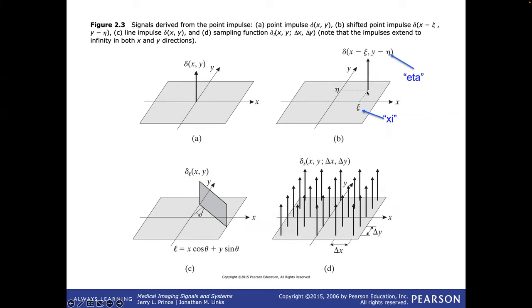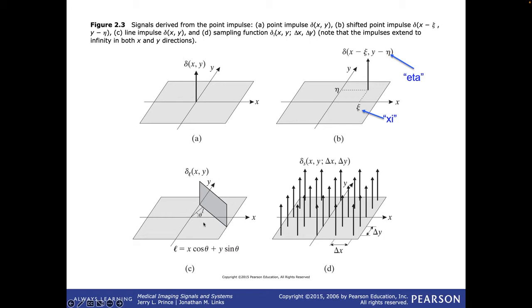So if we want the delta function to sift out values at some position, psi and eta, we can write it like this, where we've displaced this peaky thing by psi and eta, respectively, in the x and y directions. Okay, that's pretty easy. We'll get back to these forms of the delta function.